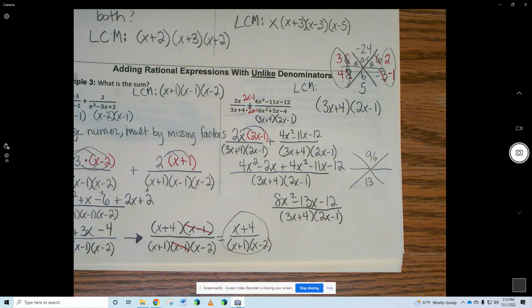No. 16 and 6. 16 times 6. No, that doesn't make 13. 96 divided by 4. 4 and 24. No, that doesn't make 39 or 13. 96 divided by 8. Oh, that's 12. No, 96 divided by, you guys, I don't think so. So, you can't factor it. And so you leave it just like this.